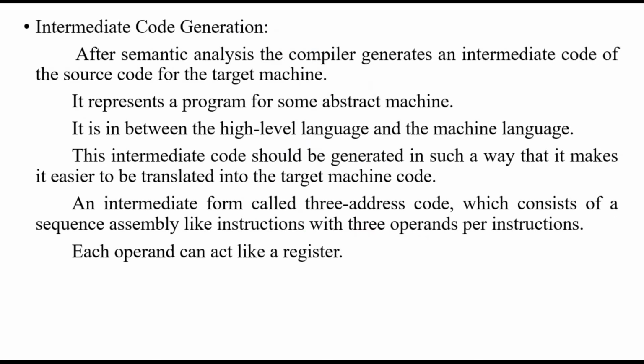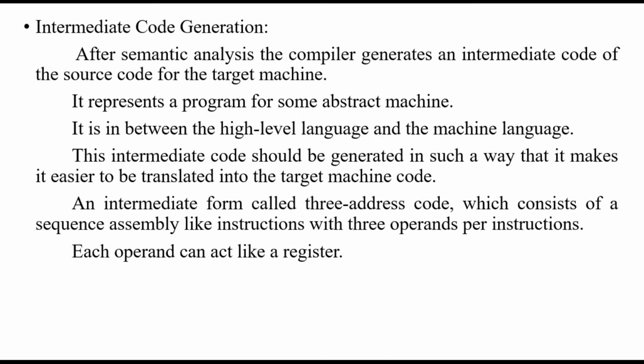In the process of translating a source program into a target code, a compiler may construct one or more intermediate representations which can have a variety of forms. After semantic analysis, the compiler generates an intermediate code of the source code for the target machine.